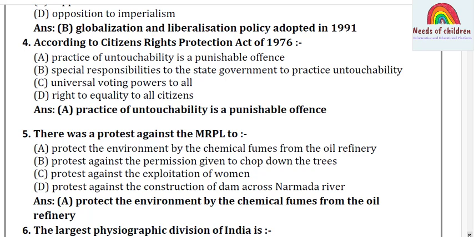Option D, protest against the construction of a dam across the Narmada river. Students, this question is from sociology, collective behavior and protests. The right answer is option A, to protect the environment from the chemical fumes of the oil refinery.